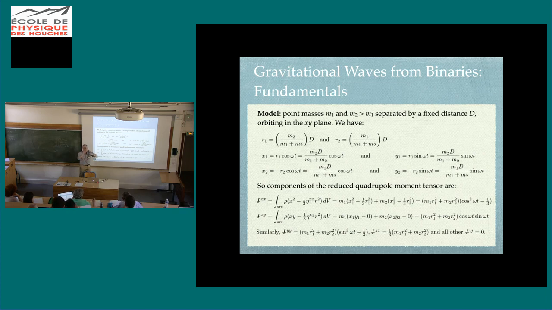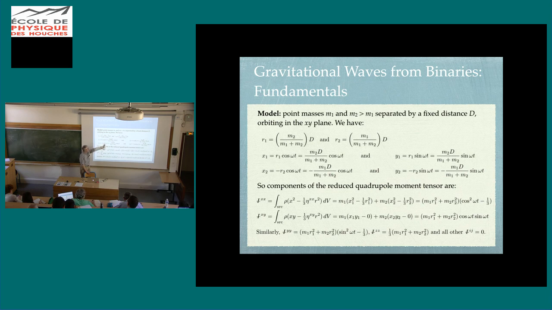I'm going to assume they're in a circular orbit, which is not really a great approximation for a lot of astrophysical sources, but the orbits will tend in that direction because gravitational radiation is enhanced at the close part, the perihelion part of the orbit, so it tends to circularize the orbits eventually. But we're doing a simple model here.